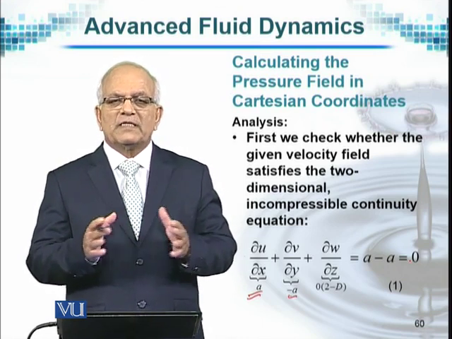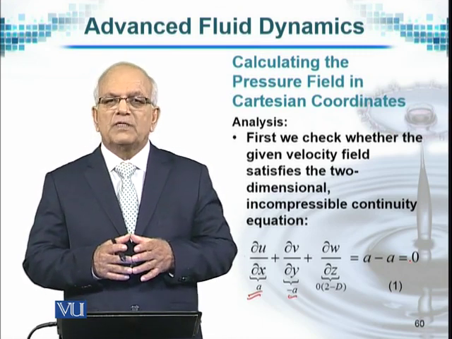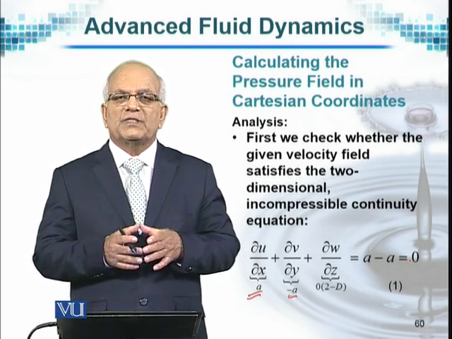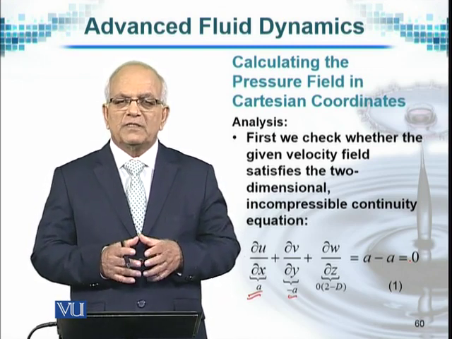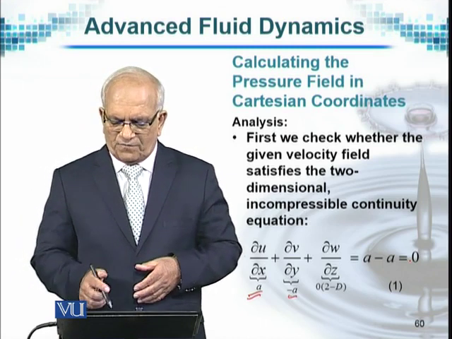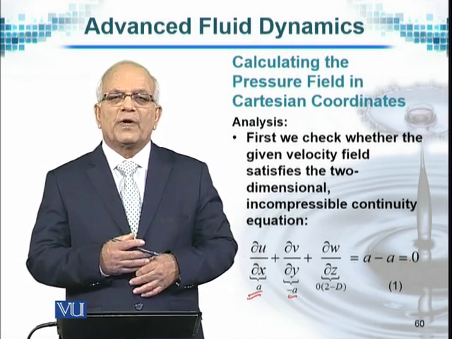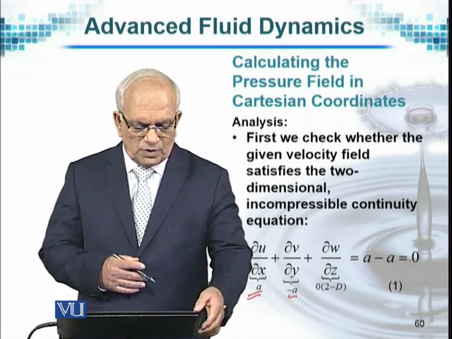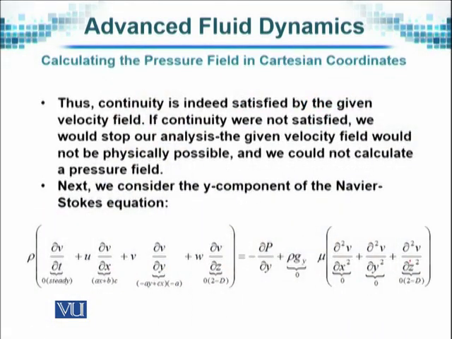If the continuity equation is satisfied, it means the mass conservation law is preserved, and in fact some of these parts we can use to find the other unknown components.